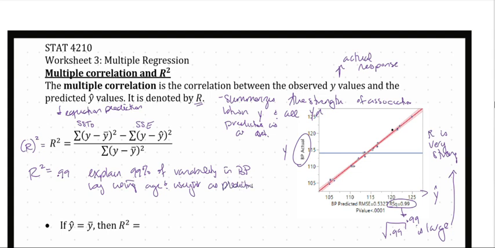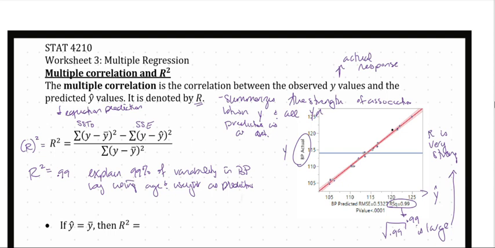That's nearly all of the variability, and that makes sense because almost all of our actual values are on this line. This is not our prediction equation, but we can see that there's basically no variability left over. Our predicted values are almost exactly the same as our actual values. There's almost no difference between our observed and predicted values, so there's almost no variability or error left over.